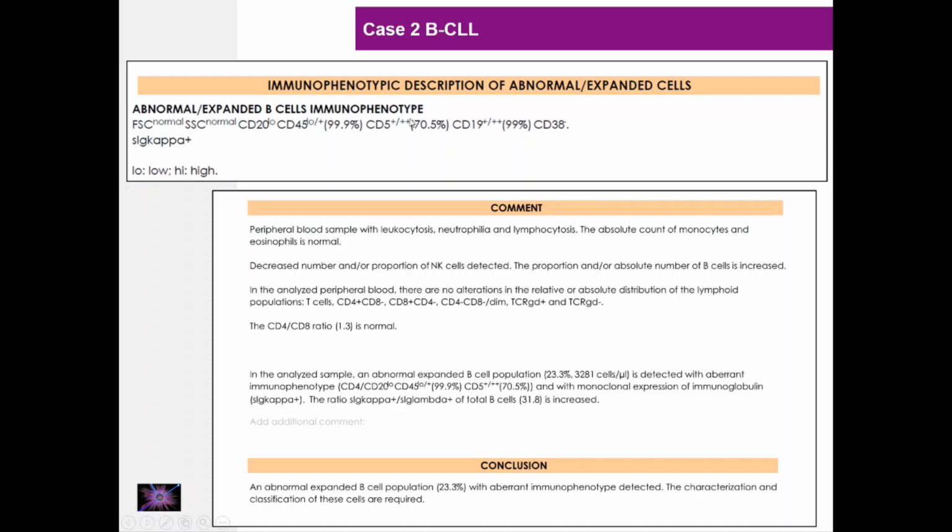We have CD5 expression, CD19 expression, and no expression of CD38. And it tells us that it is surface Ig kappa restricted. And it does this based on mean fluorescent intensity values when compared to the reference database.